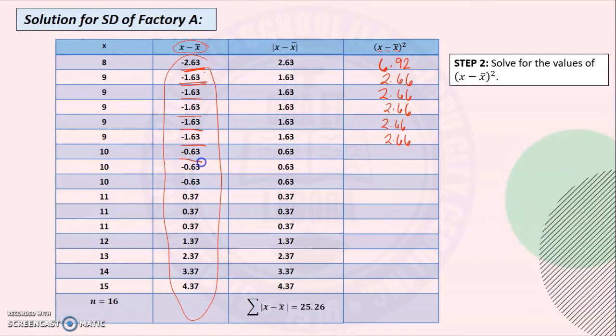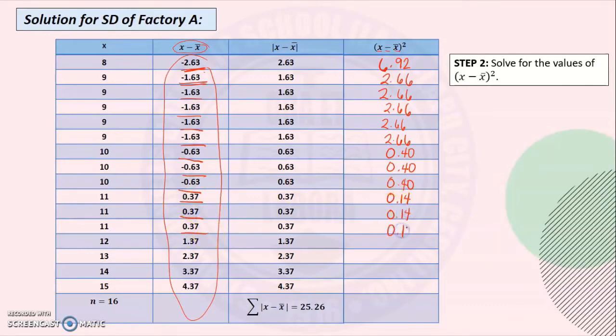Now, we have here negative 0.63. If we are going to square this, the answer is 0.40. Make sure to round off your answer to 2 decimal places. Next, still 0.40 and 0.40. Now, 0.37 squared. The answer is 0.14.